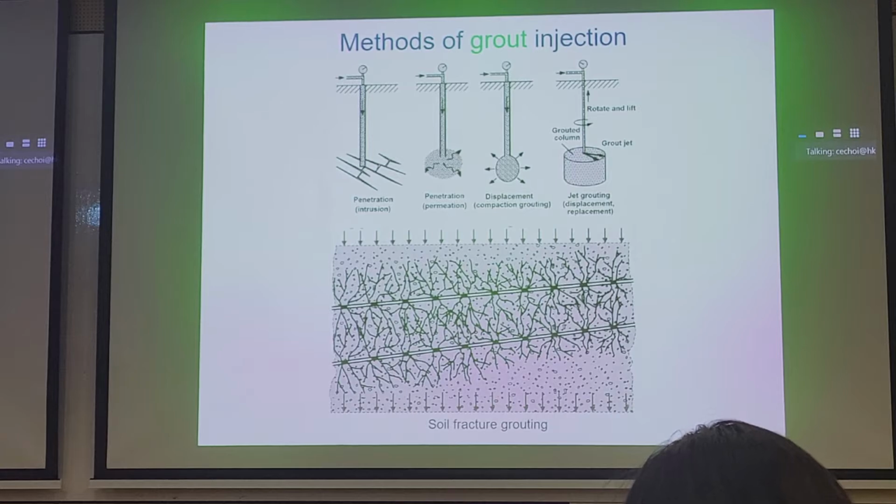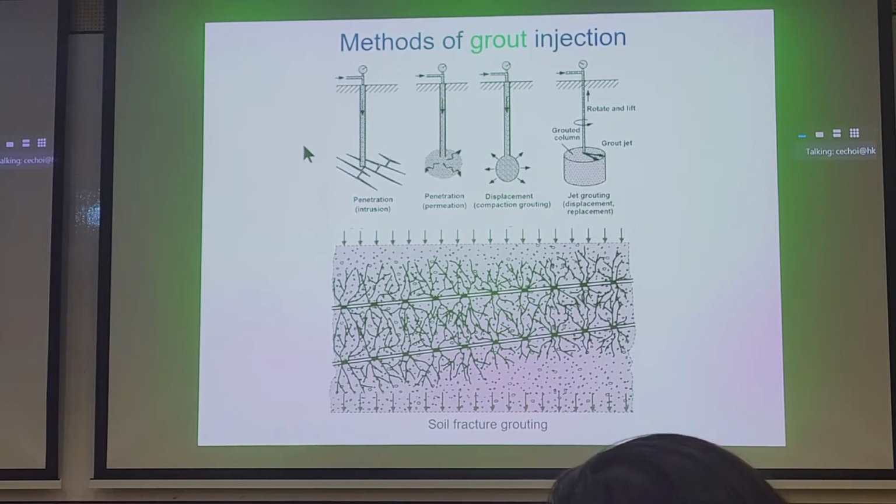What we see on this slide are the 5 main types of grouting. These are commonly used in Hong Kong. At the top left here, you see penetration or intrusion grouting. This one is trying to fill in existing fissures in the ground, perhaps existing cracks.